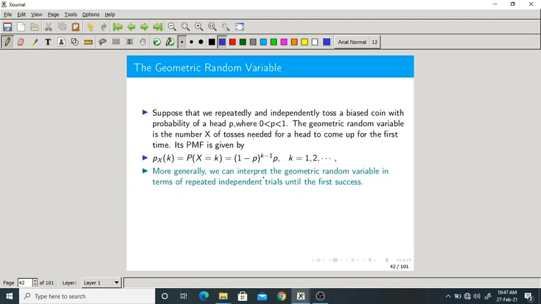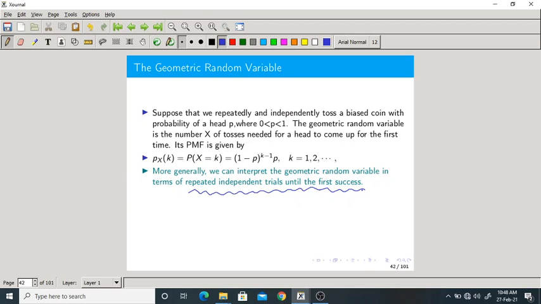More generally, we can interpret the geometric random variable in terms of repeated and independent trials until the first success. It may not be tossing a coin. You take any experiment. We use these kinds of random variable to find out how many trials are required until first time you get a success. Okay, it may be any experiment, but you try to understand the scenario.